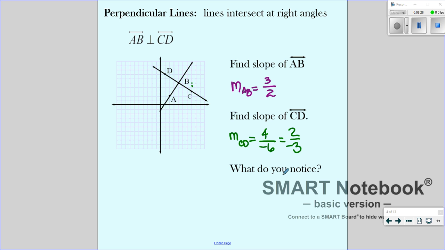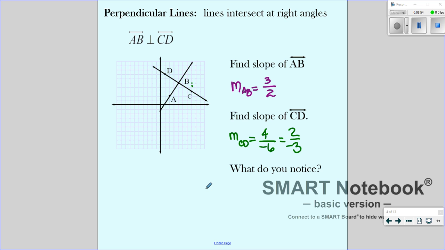All right, question is, what do you notice? Look at the two slopes. This one says 3 over 2. This one says 2 over negative 3. If you said that the numbers switch positions and it became negative, yes. This was 3 over 2 and this one's 2 over negative 3. It flipped and it became negative.